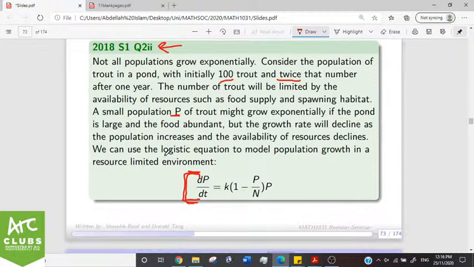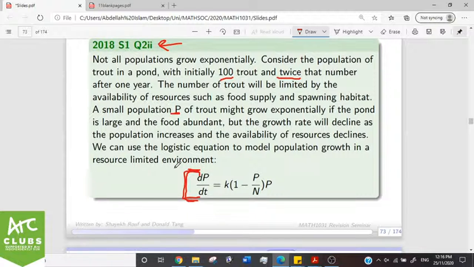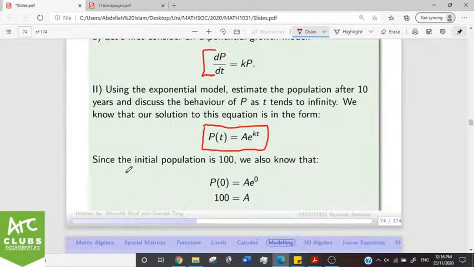It could be exponential, or it could not be, depending on how big it is. So the initial population is 100, which means that P(0) is 100. At time equals 0, we need to have 100 trout. So that's why we find that A equals 100. So our P(t) can be rewritten as 100 e to the kt.